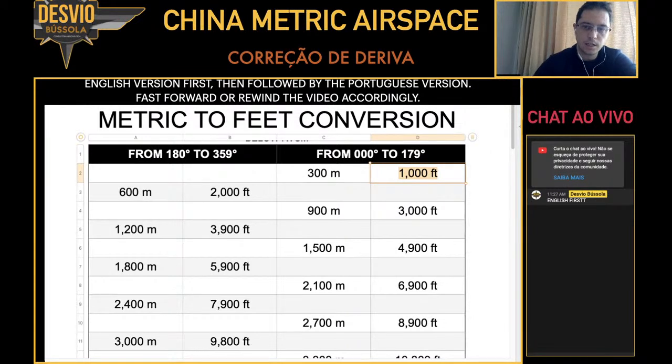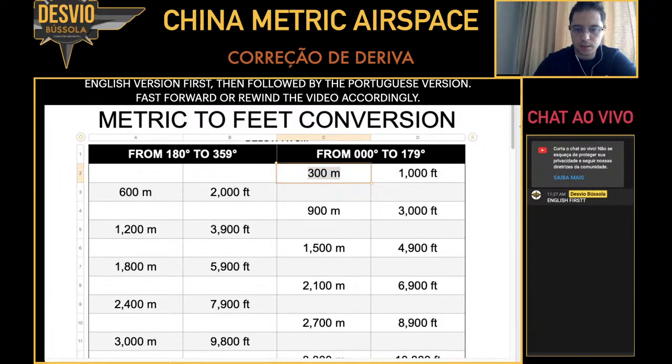And then as you can see, always on the right of the columns you have in feet, and on the left, for example, you have in meters. So 1000 feet, it's 300 meters, and that's the way we use this table to convert.